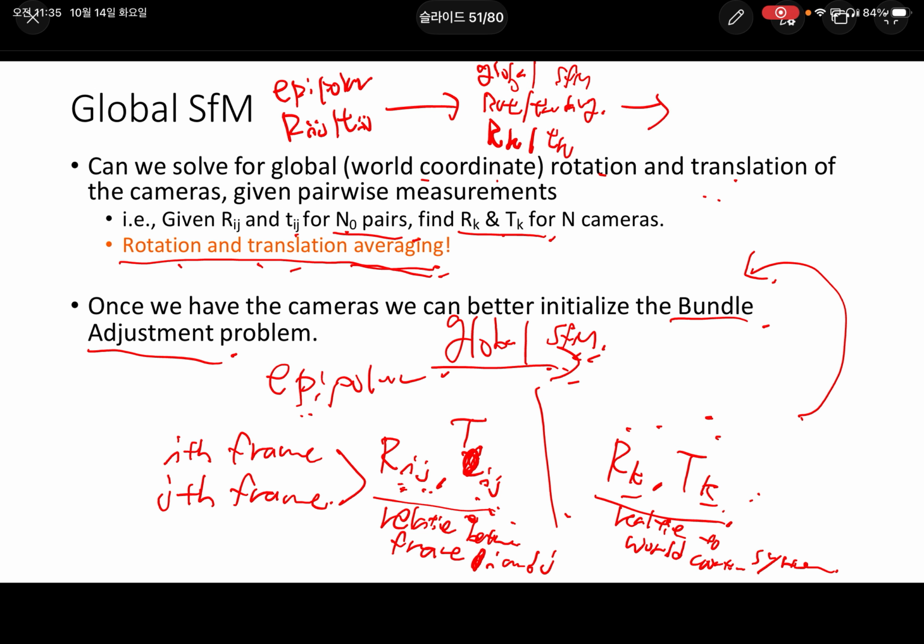Then bundle adjustment gives better rotation and translation. So we have multiple images, then epipolar geometry to get rotation and translation between each frame. Then global SfM rotation translation averaging gets rotation and translation in the world coordinate system, not relative between frames, and then we refine them using bundle adjustment.